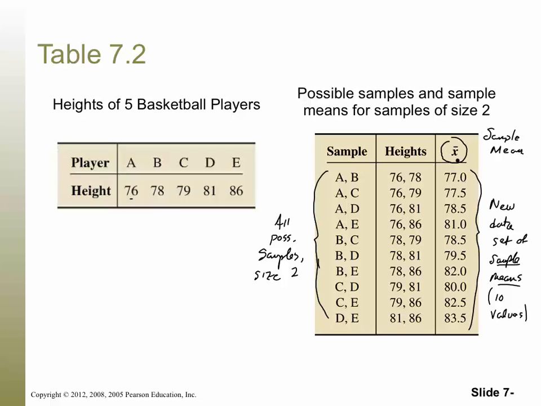The sample means is the new variable when you're looking at this data set. And that's what we're going to be dealing with coming up next: forming a new set of data out of the means of all the samples that you take.